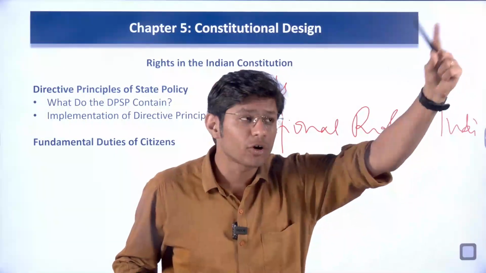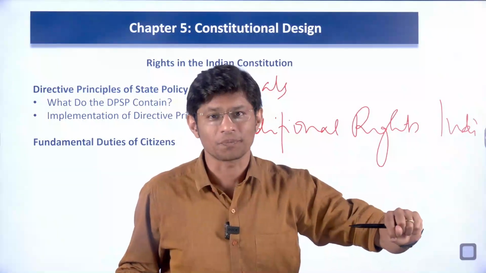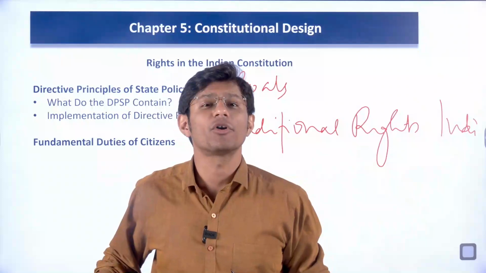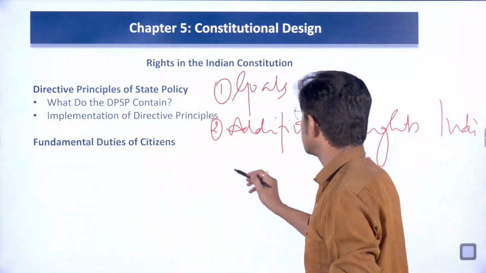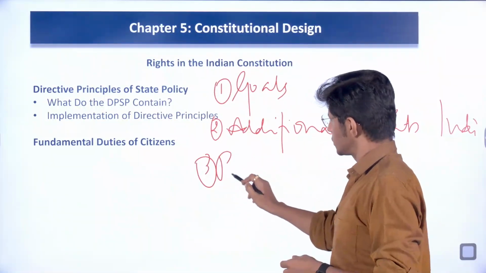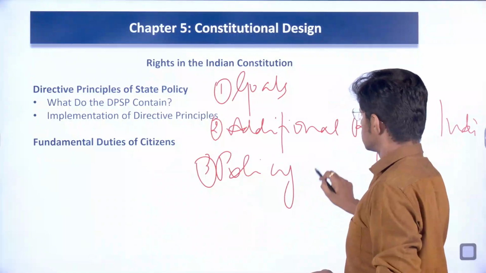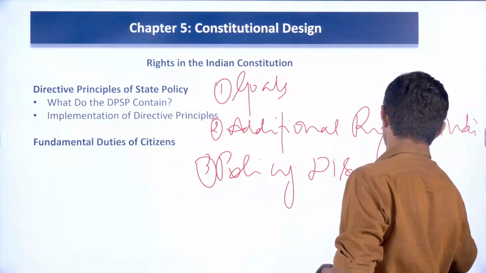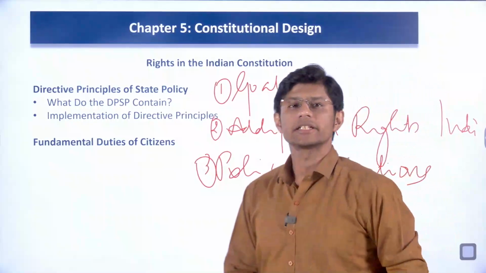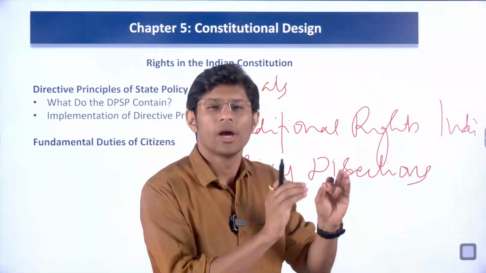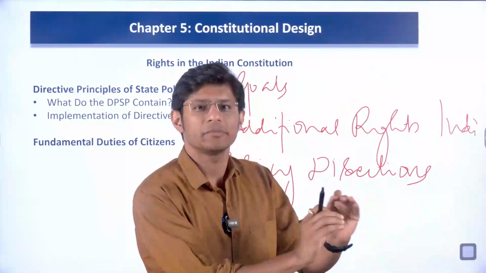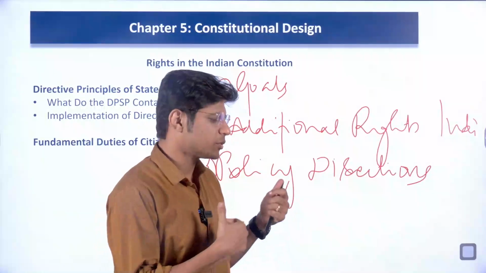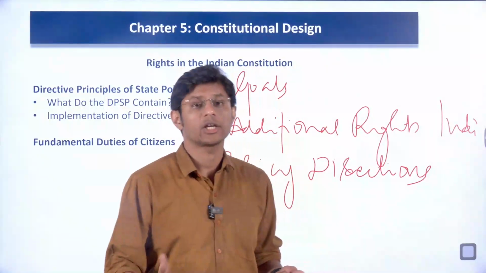Then equal pay for equal work. Third is policy directions for the government, which means guidelines for governance and decision making. And why? So as to ensure that there is social and economic justice.